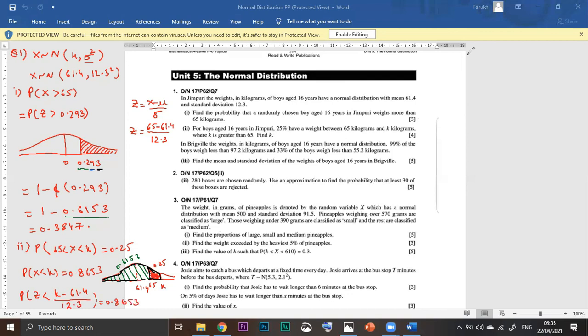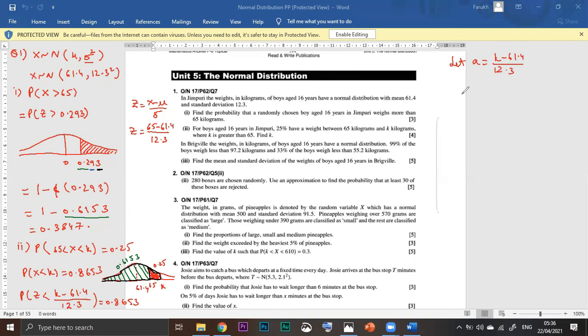Now we will let the value of z as a. Now we will decide whether a is positive or negative. This one is a very important concept, a key step.